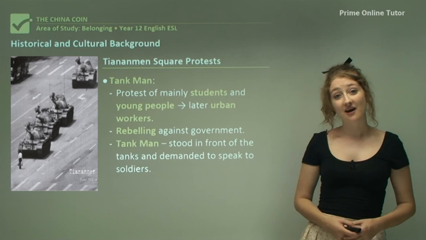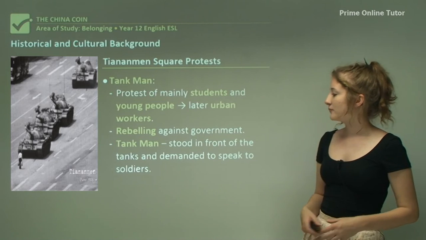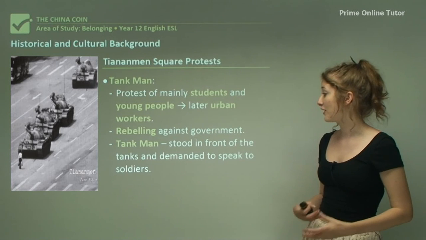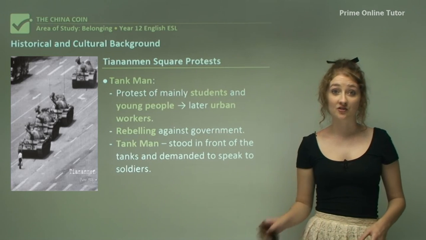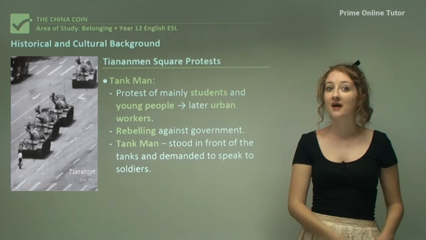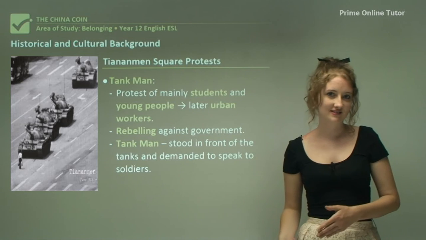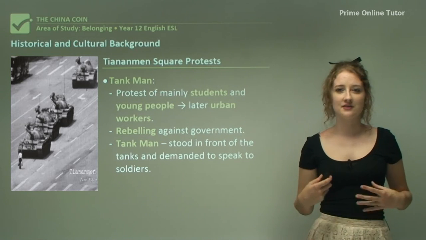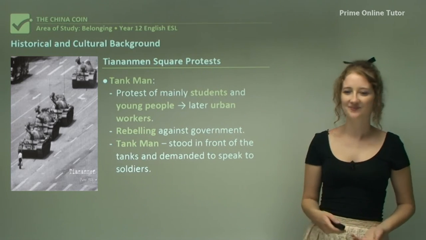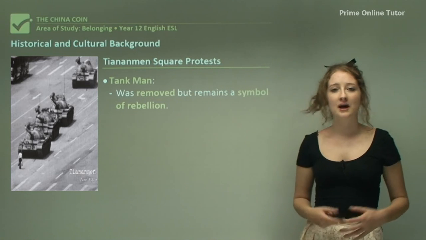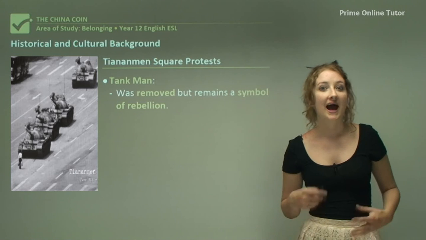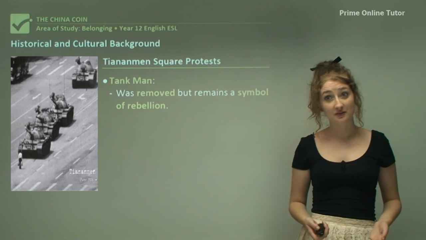So this picture of Tank Man is showing a man who actually stood in front of the tanks and demanded to speak to the soldiers. Obviously a very courageous act, and one which is very obviously standing up against this government and symbolising freedom and democracy. He was actually removed and remains a symbol of rebellion, even though no one actually knows who he was and what happened to him.